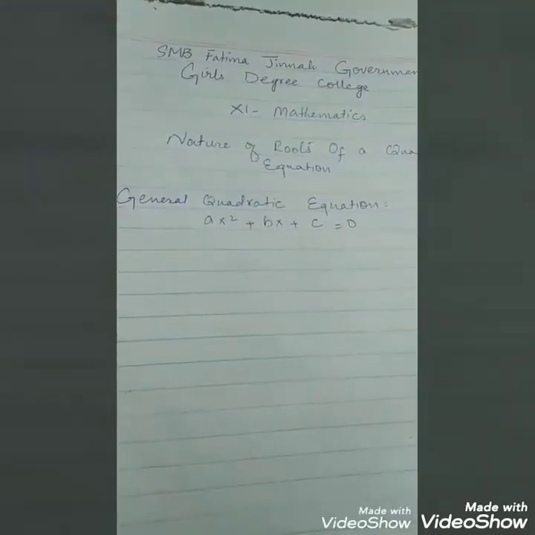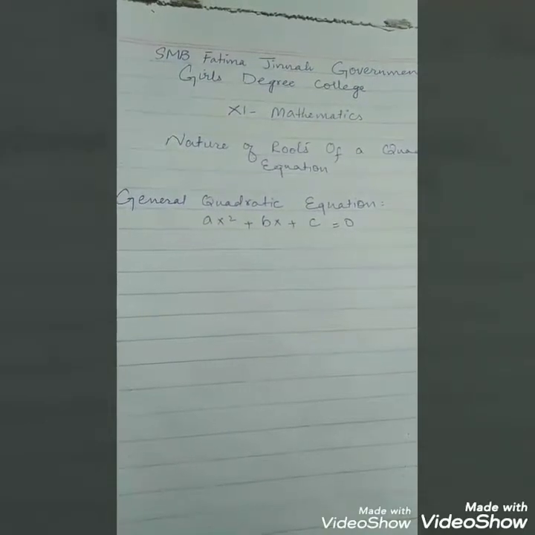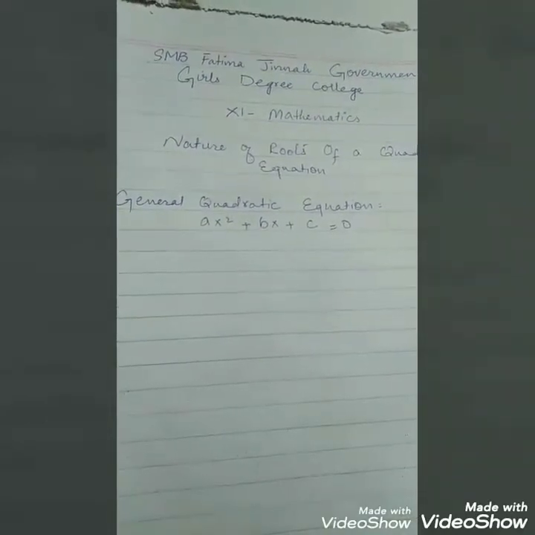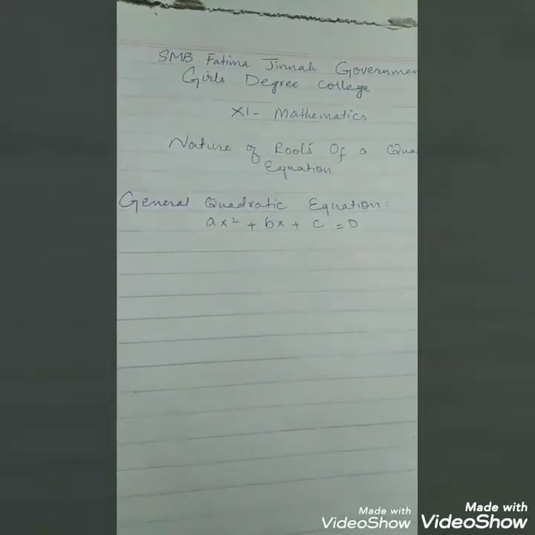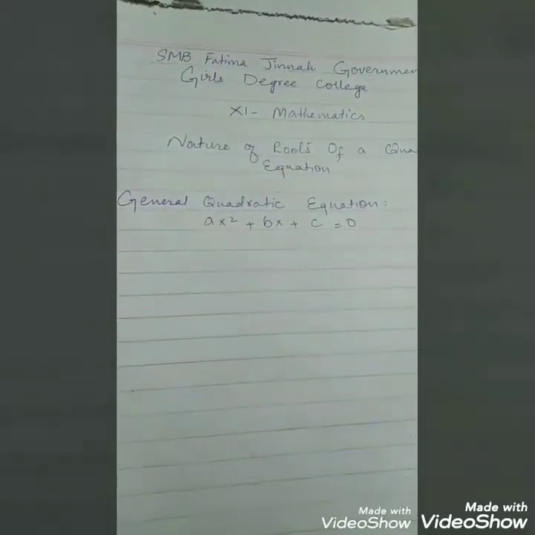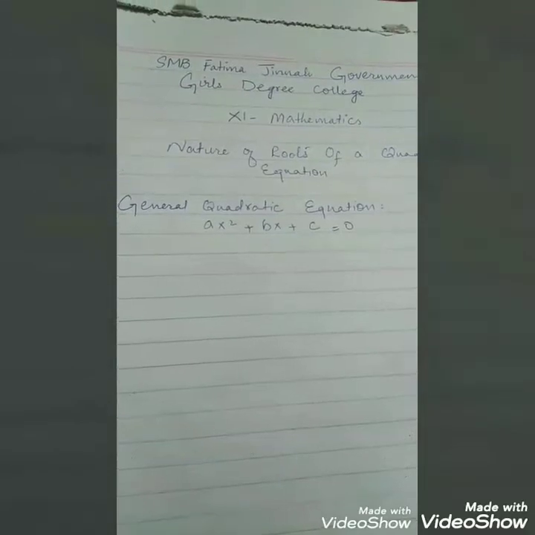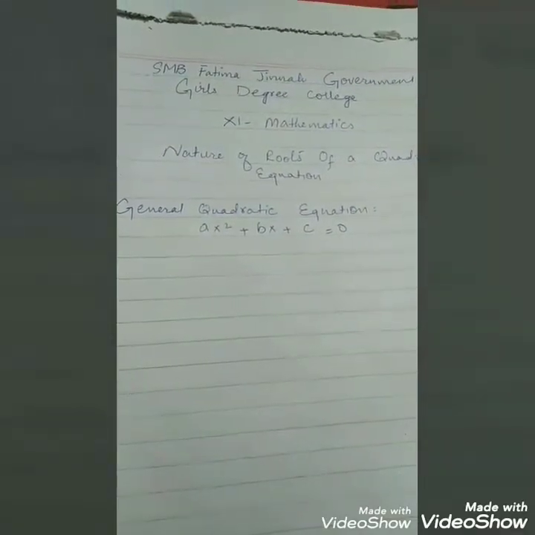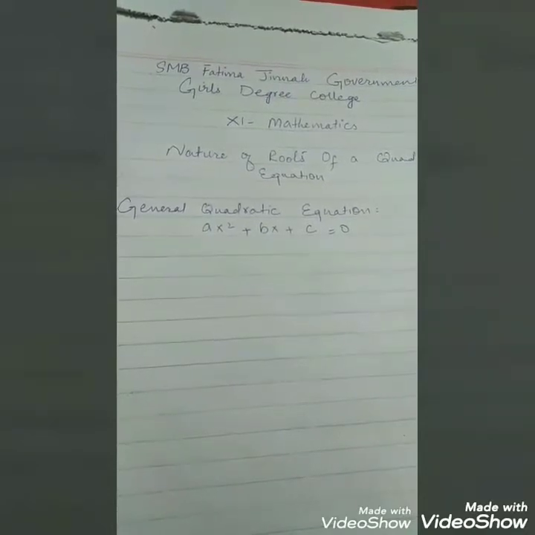The general quadratic equation can be written as ax² + bx + c = 0. We know that a quadratic equation is an equation having the highest power equal to 2. That is why it is called a quadratic equation.